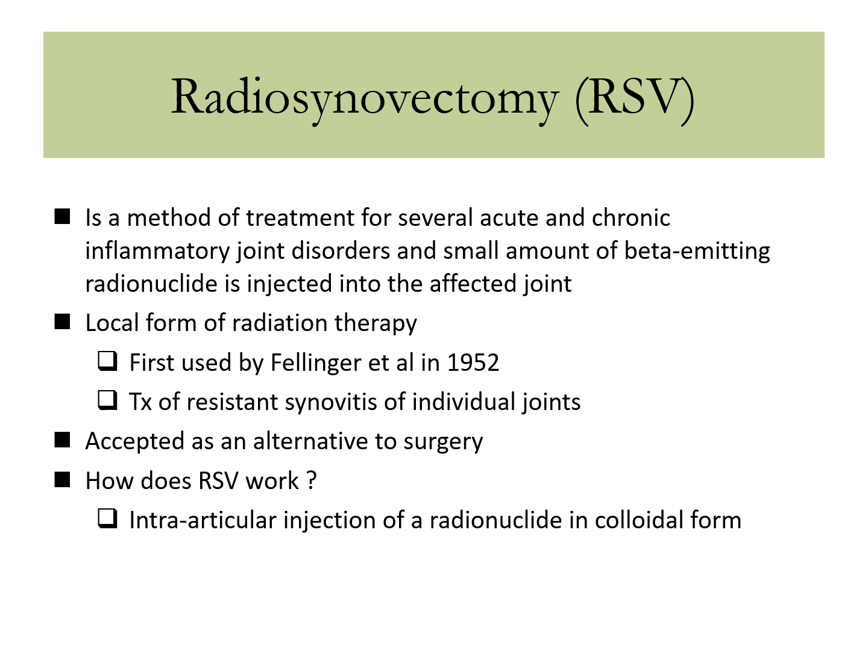Radiosynovectomy is a method of treatment for several acute and chronic inflammatory joint disorders, where a small amount of beta-emitting radionuclide is injected into the affected joint. It is a local form of radiation therapy, first used by Fellinger et al. in 1952, as a treatment of resistant synovitis of individual joints.